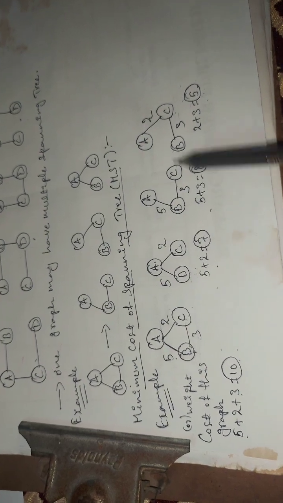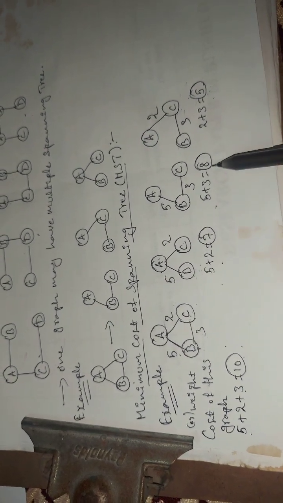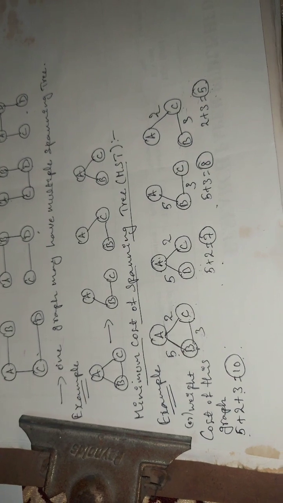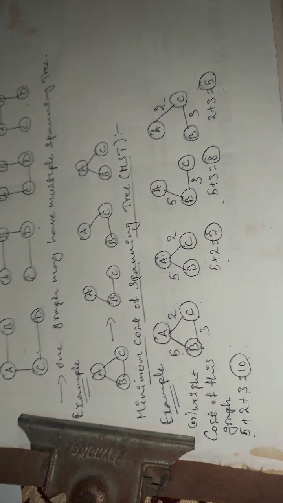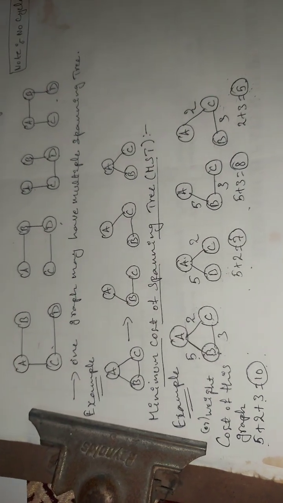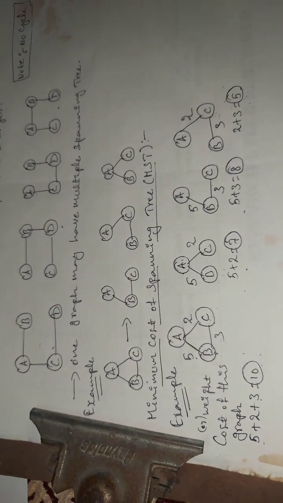So here 2 edges, but all the vertices are connected with each other, and we calculate the minimum cost. Like this we have to calculate the minimum spanning tree cost. I think students, you all understood this topic. If you have any doubts, please put a message, I will answer it.